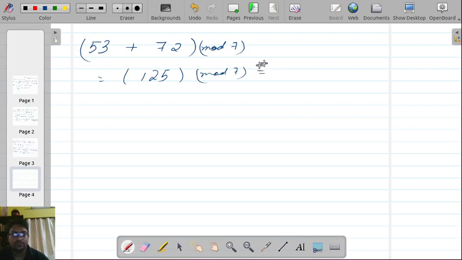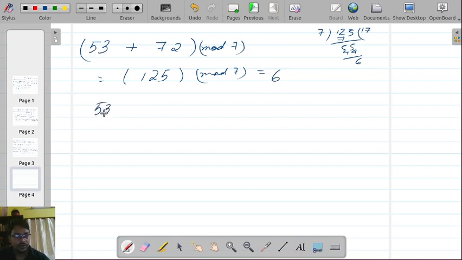What is 125 mod 7? We have to divide 125 by 7. 7 times 17 is 119, and the remainder is 6. So 6 is the remainder: 53 plus 72 mod 7 is 6.